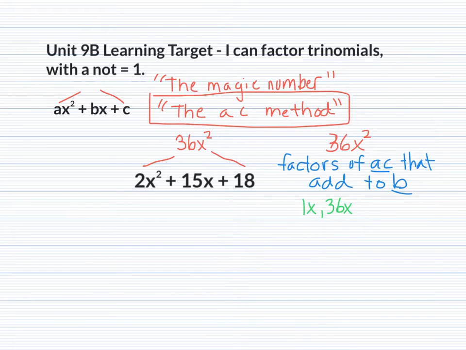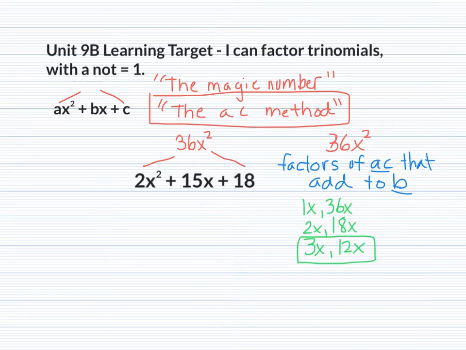Okay, we could have 2x and 18x. We could have 3x and 12x. I think we just found it. Otherwise, we could have done 4 and 9 or 6 and 6. But if we look, this multiplies to give us 36x squared and adds to 15x.